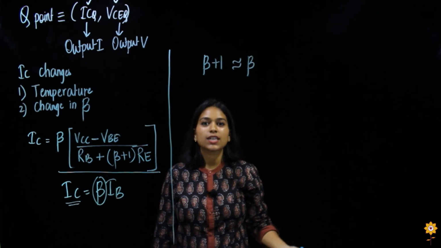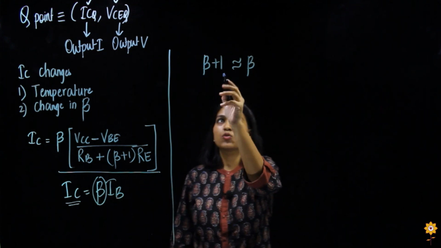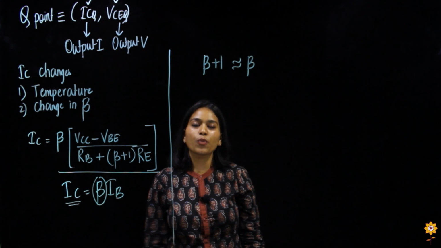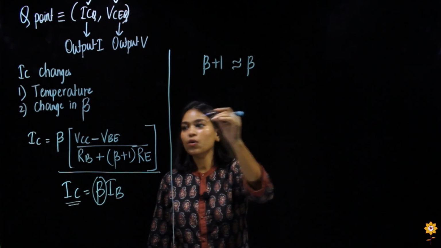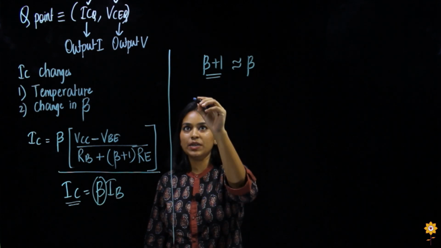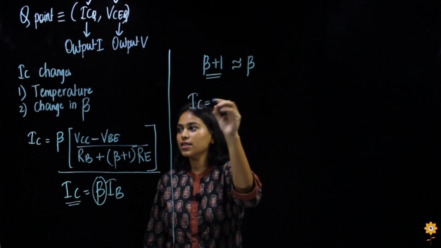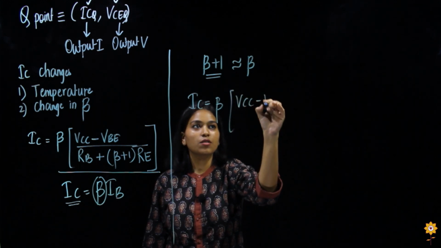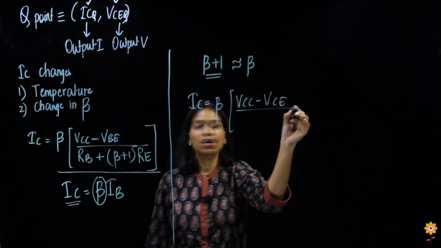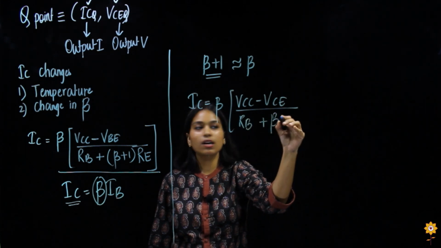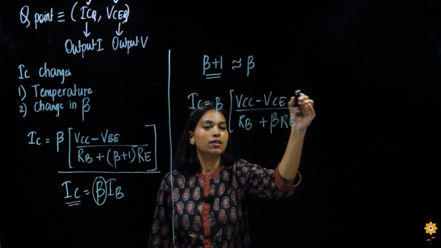Suppose beta is 100, then beta plus 1 is obviously 101, so 101 is approximately equal to 100. So let's substitute beta plus 1 in this equation as beta. So we get IC is equal to beta into (VCC minus VCE) upon (RB plus beta RE).